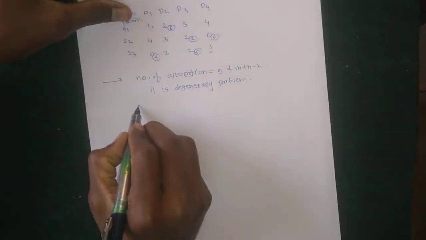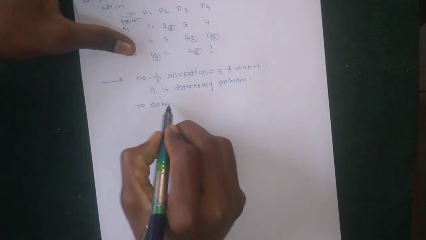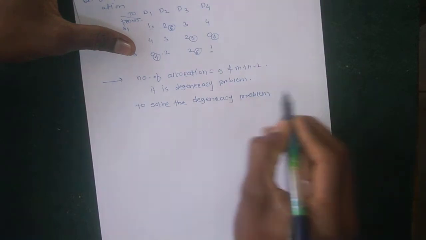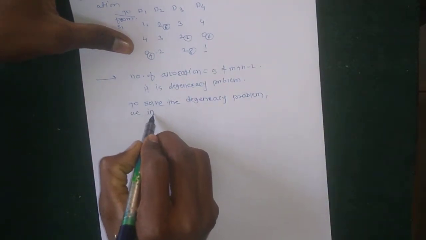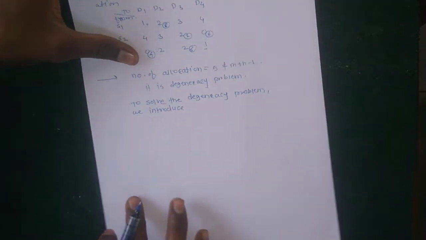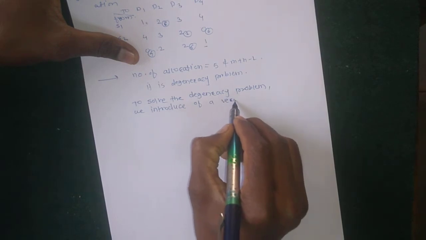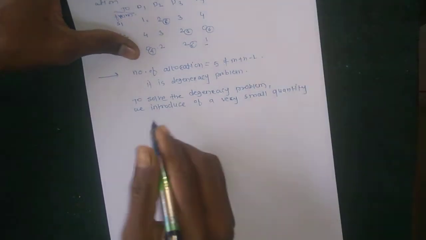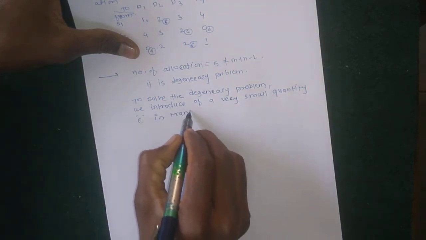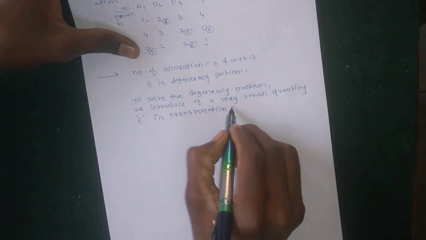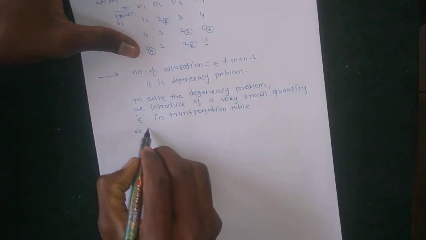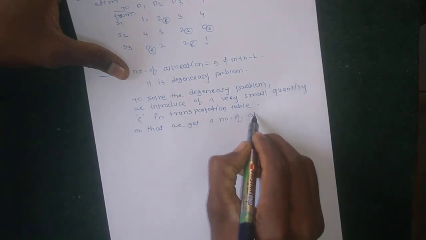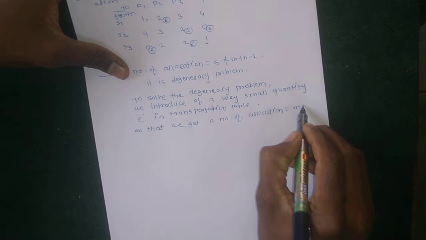Okay, so here, to solve the degeneracy problem, we introduce a very small quantity epsilon in the transportation table, so that we get the number of allocations equal to m plus n minus 1.